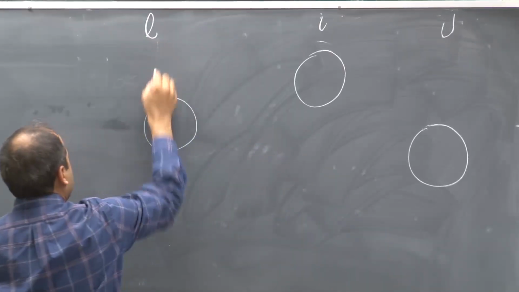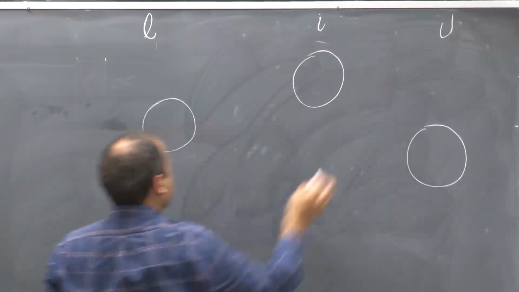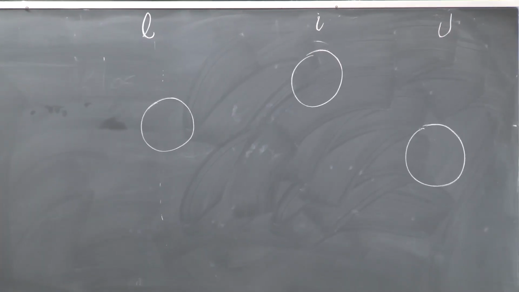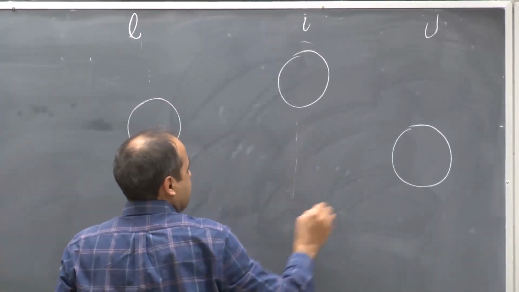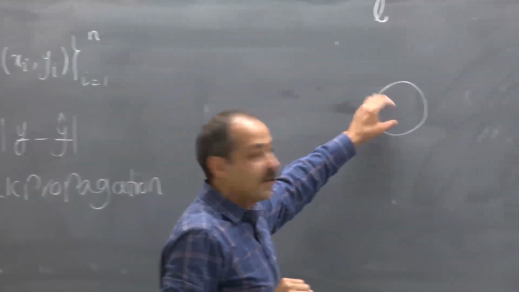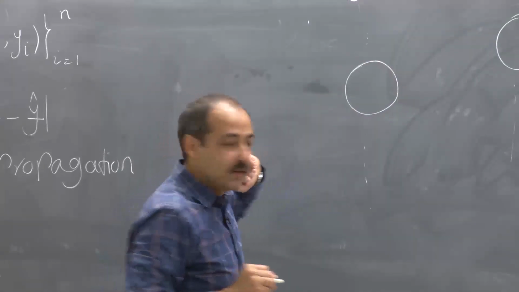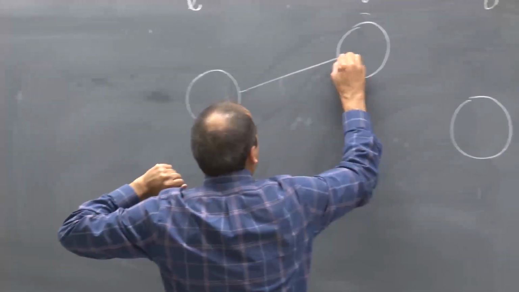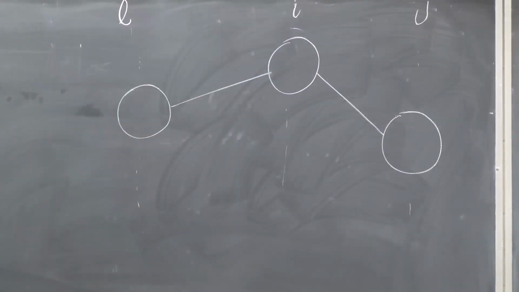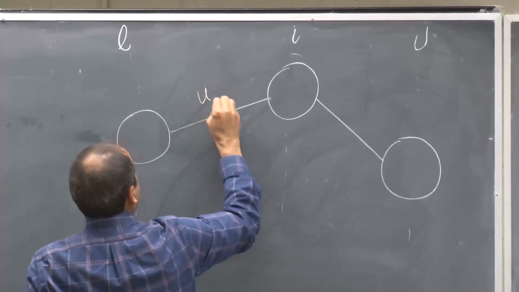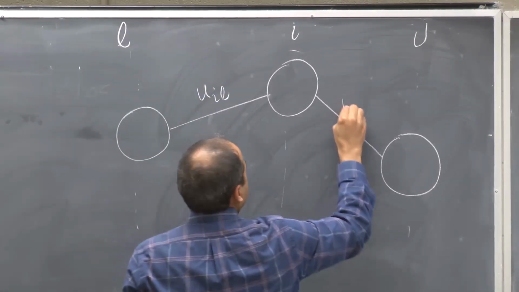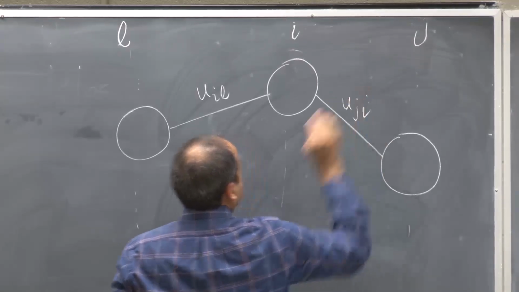So this is layer L, this is layer I, and this is layer J. There are many nodes in this layer, and many nodes in this layer, and many nodes in this layer, but I just pick one node for each layer. And there are edges between these nodes, and there's a weight associated to each of them. U_IL is one weight, and U_JI is another weight.